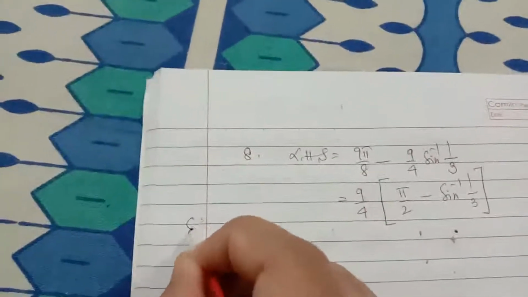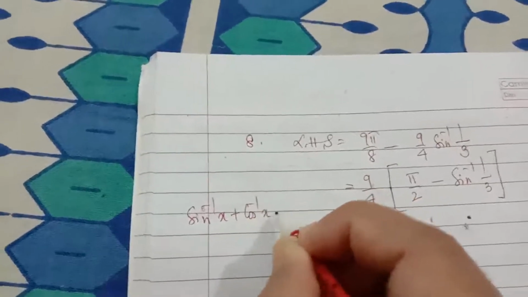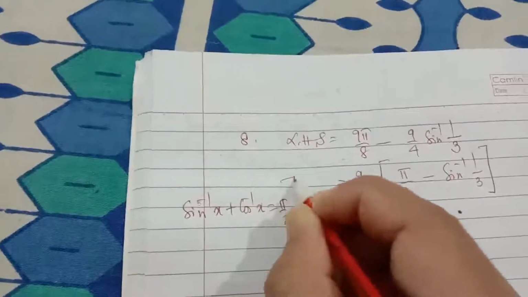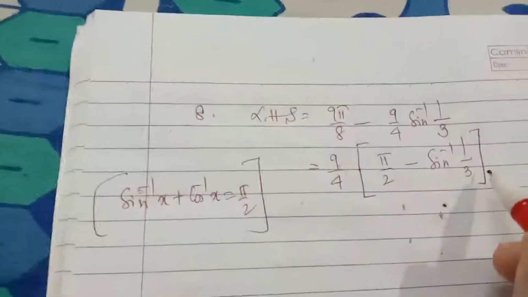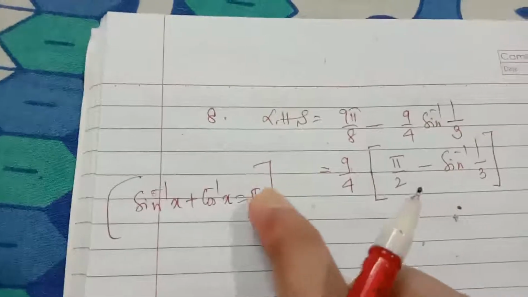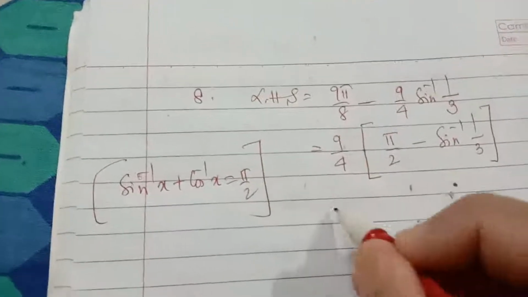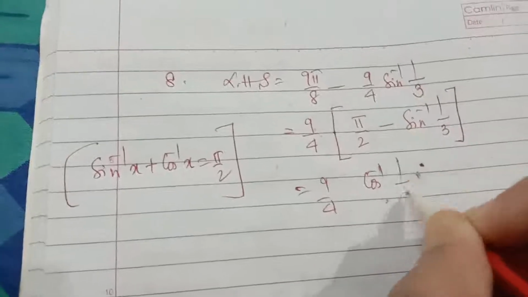Now as we know, sine inverse of x plus cos inverse of x is equal to pi by 2, so pi by 2 minus sine inverse of x is equal to cos inverse of 1 by 3.